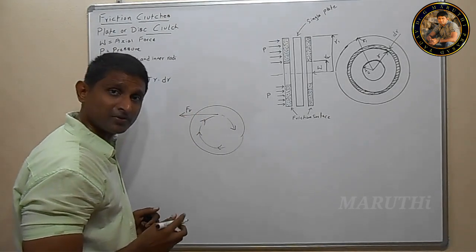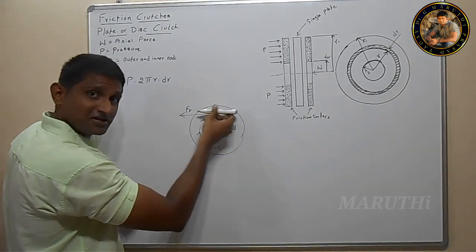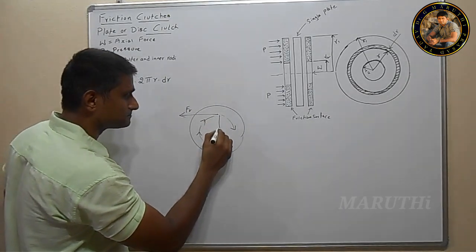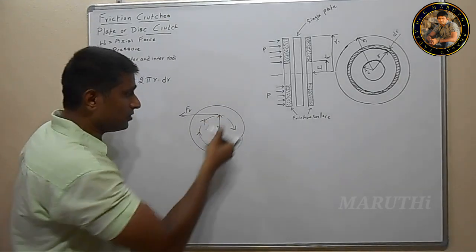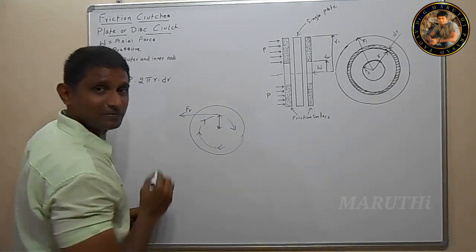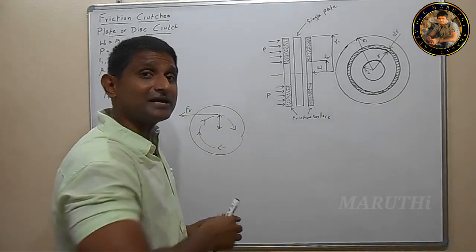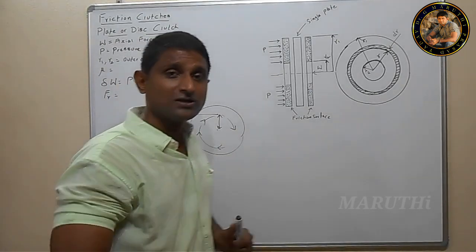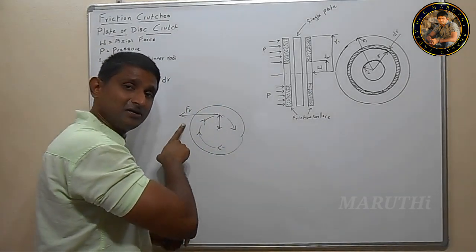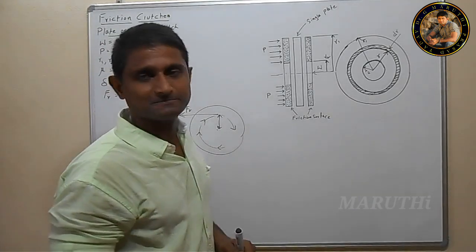This is the friction force. The torque is equal to this friction force Fr into the distance from the center, which is developed because of that elementary ring portion. So let us find out this friction force first, and from that we can find the torque.